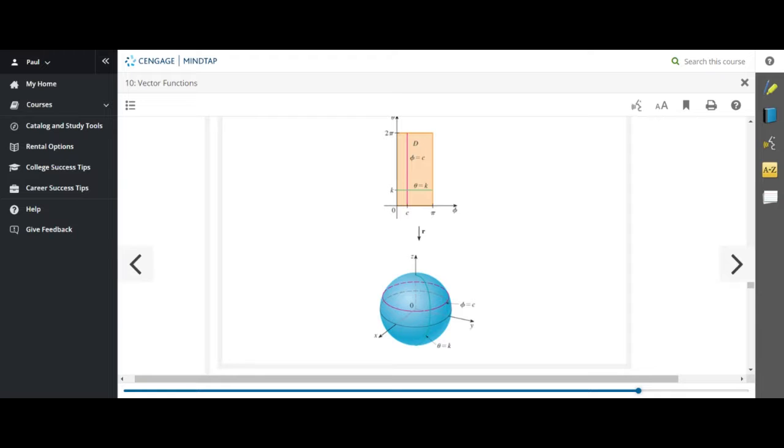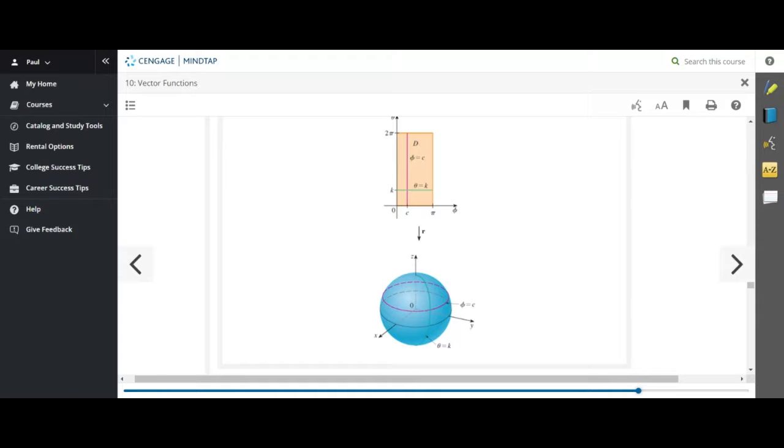One is the vertical line segment where phi equals c, and that corresponds to the horizontal red grid curve that you see on the sphere. And if they let theta equal k, that horizontal line segment would trace out the vertical grid curve that you see on the sphere.